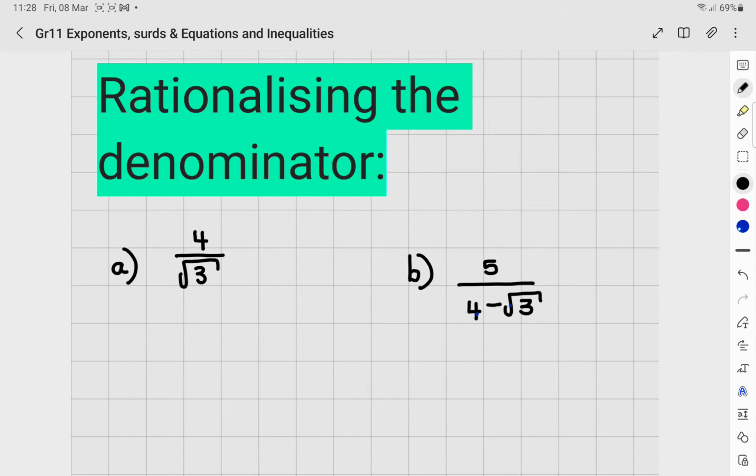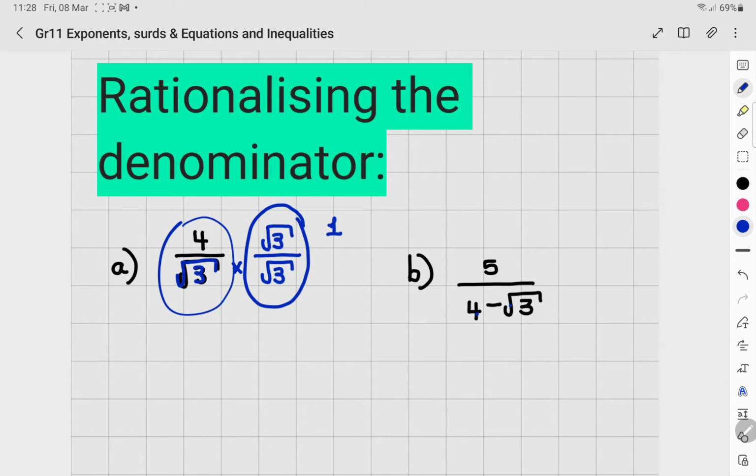Okay, the way we're going to do that is we're not going to change the expression at all. We're going to take this denominator over here, and we're going to multiply with exactly that over that. So do you see that is actually a 1, and anything times 1 stays that. So we are not changing our expression at all.